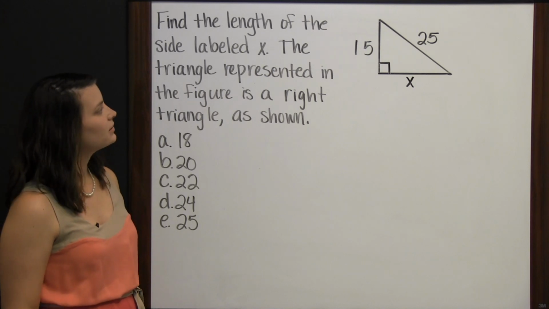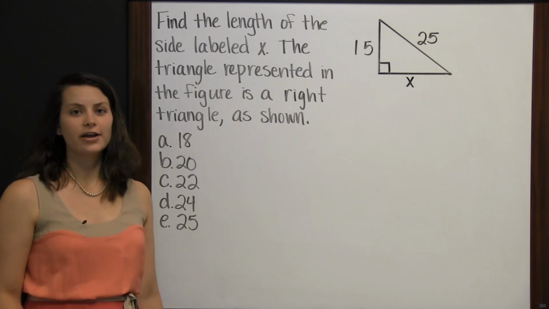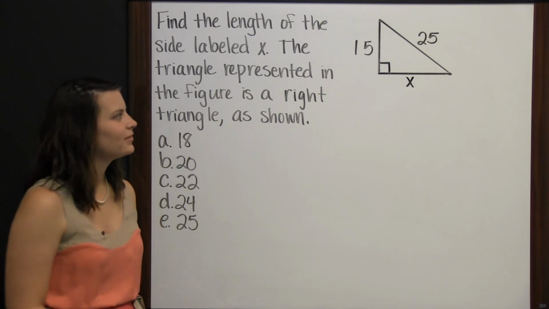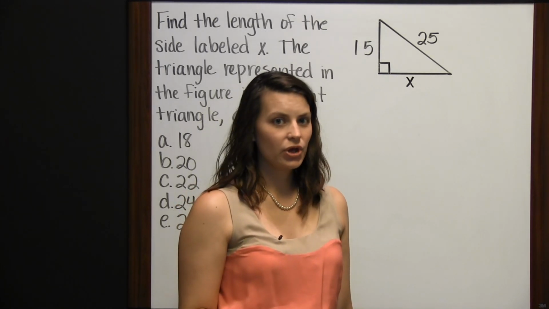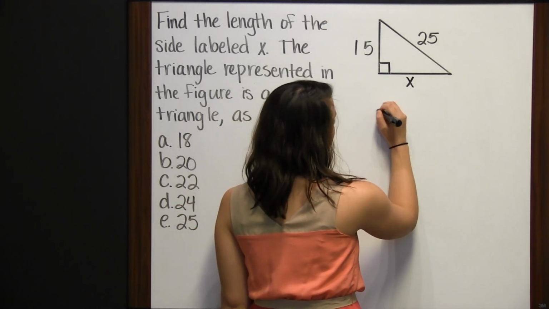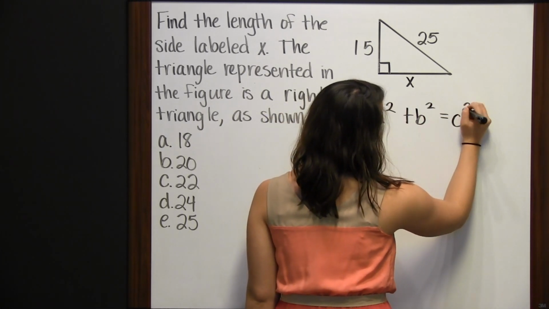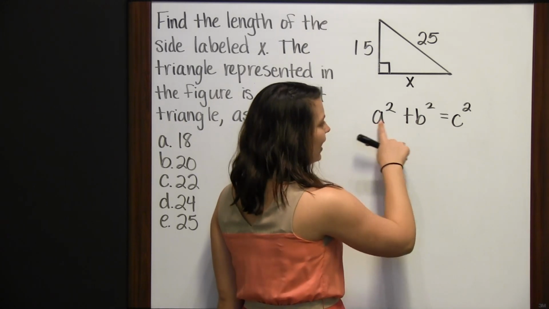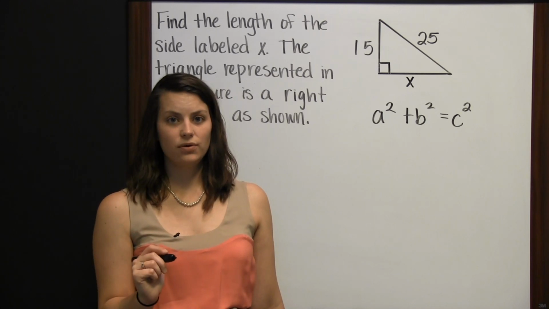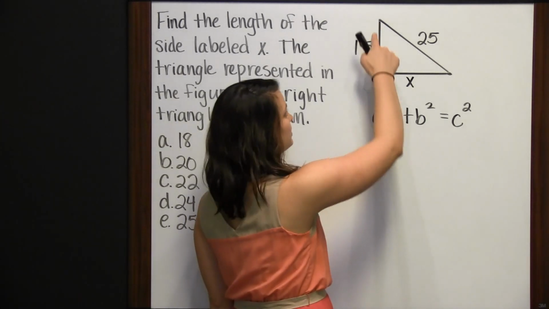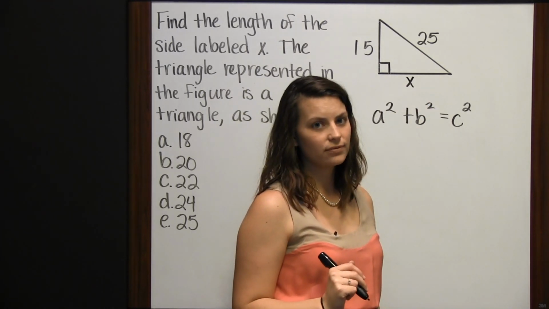Find the length of the side labeled X. The triangle represented in the figure is a right triangle, as shown. To find the missing side of any right triangle, we can use the Pythagorean theorem, which is a squared plus b squared equals c squared, where the a and the b are the legs of the right triangle, or the 2 sides that form the right angle in the right triangle.